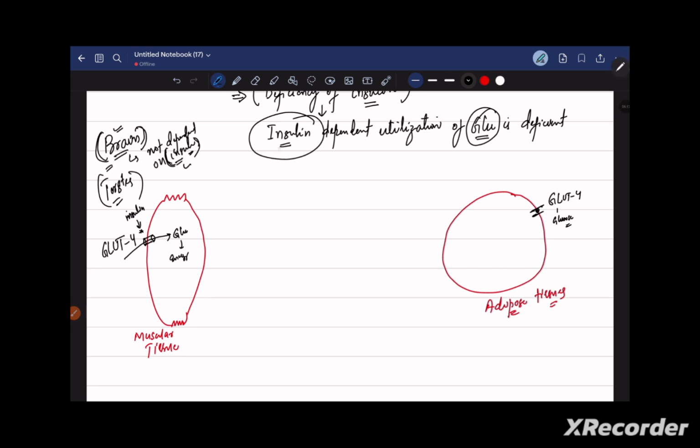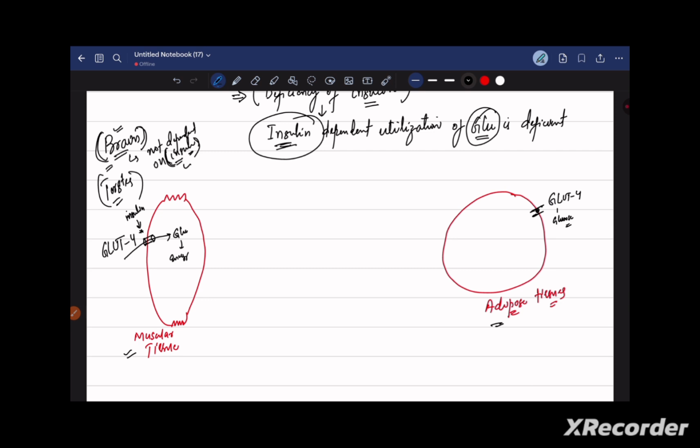Since there is a deficiency of insulin, these two tissues, the muscular tissue and the adipose tissue, are unable to take up glucose and utilize it for energy generation.